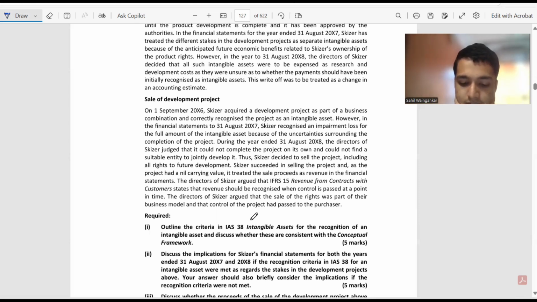Intangible assets are measured using the cost or the revaluation model. Under the cost model, these are measured at cost of the intangible asset, less amortization, less impairment.